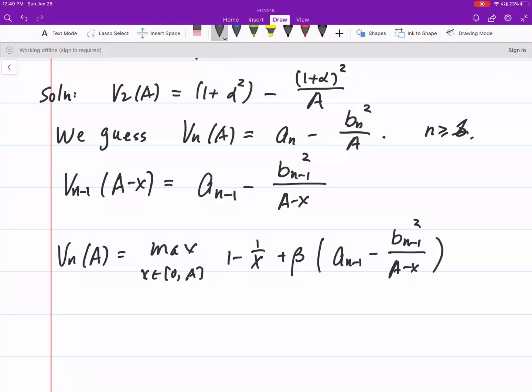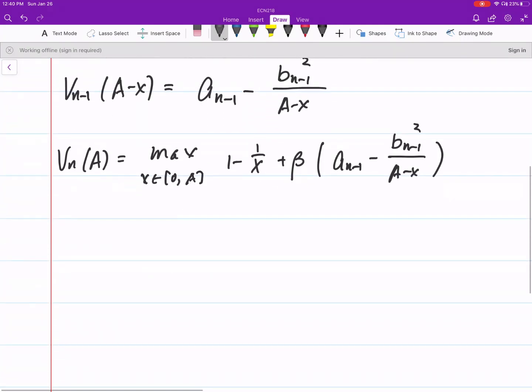We now have more parameters. In this optimization problem, all these things are parameters: capital A is a parameter, beta is a parameter, An minus 1 as well. The variable we have here is x.